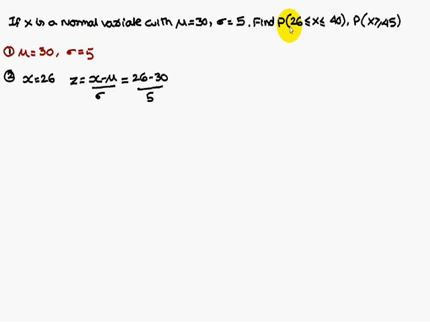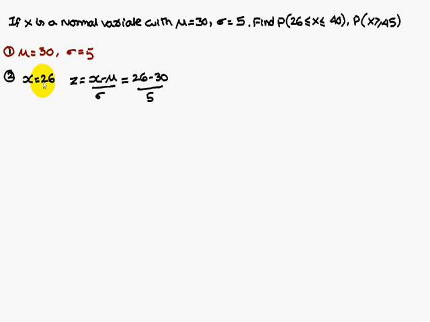What we have to do is, for 26 ≤ x ≤ 40 marks, we have to find out the probability. Similarly, x ≥ 45. So each value, 26, 40 and 45, you convert in terms of z.